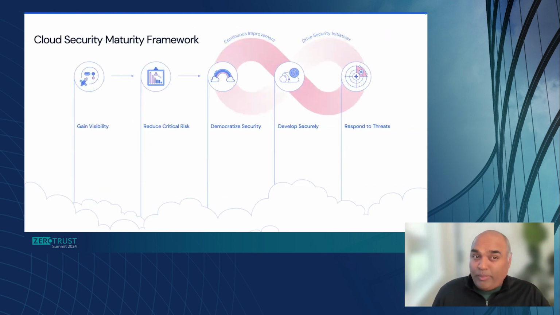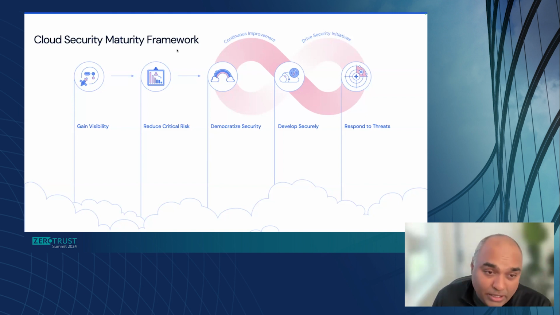Today we have a very simplified framework that we think is very applicable and appropriate for every organization out there. This is a 5-step framework that can be extended as you add more and more cloud initiatives or more and more security initiatives in the cloud.